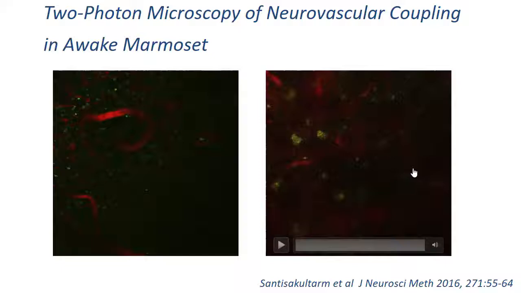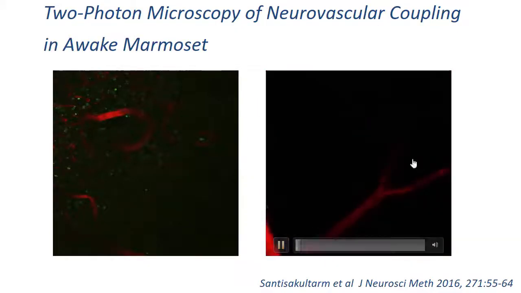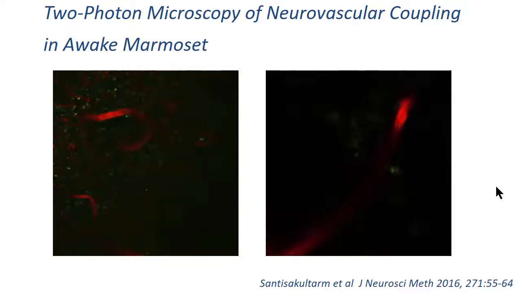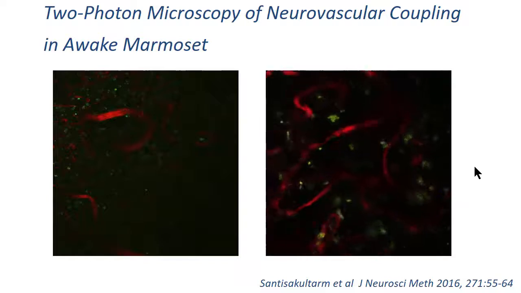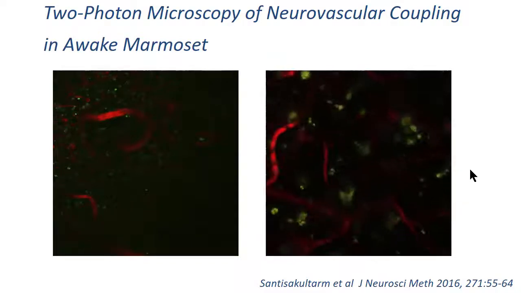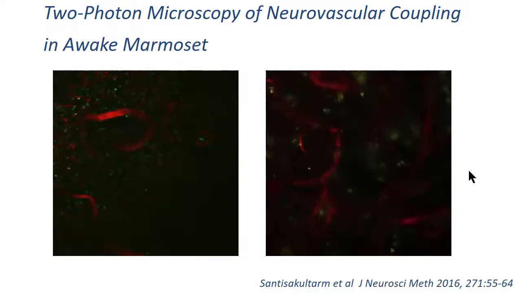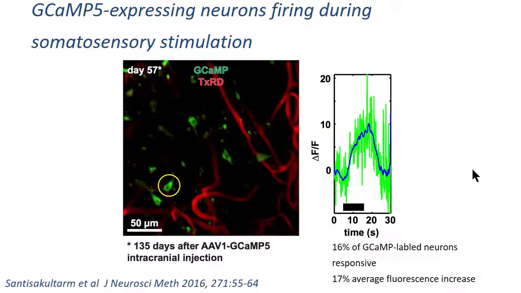And you also see some of the problems that we have with the motion of the animal during the acquisition. Even though we have a head post there, you still have a lot of problems dealing with this motion so that you can properly detect activity in an individual cell.